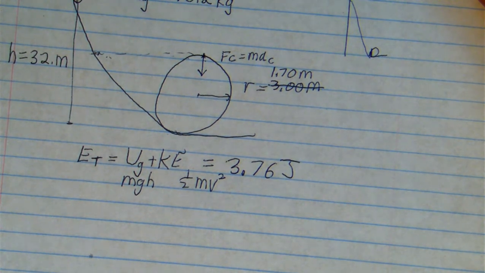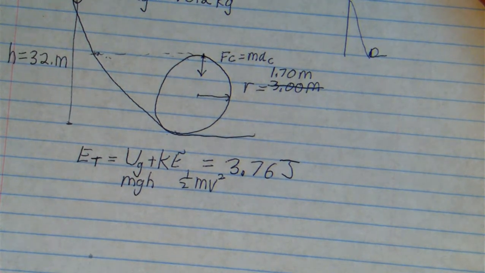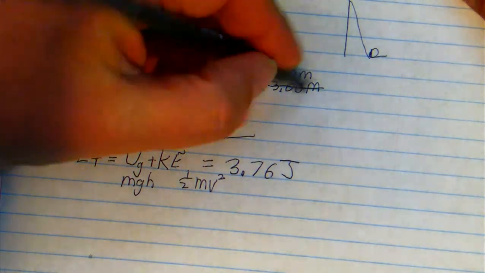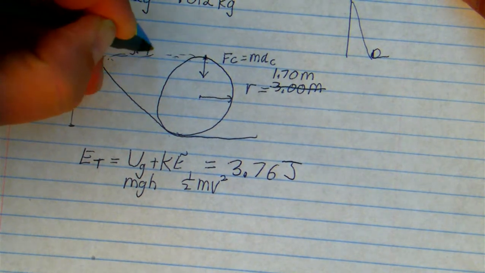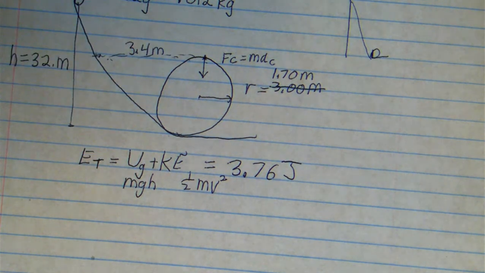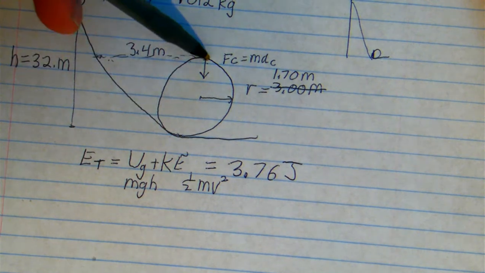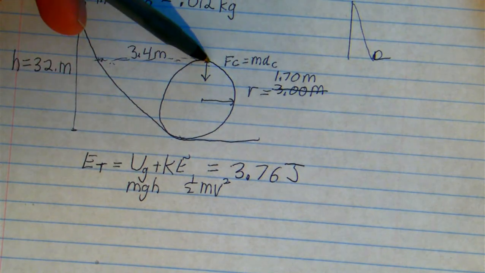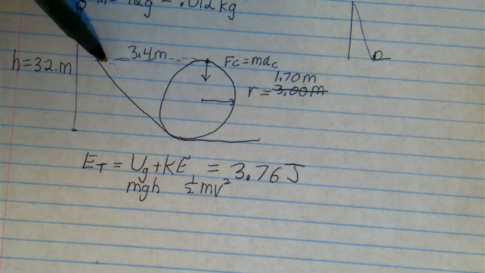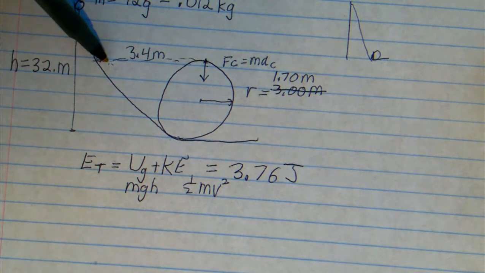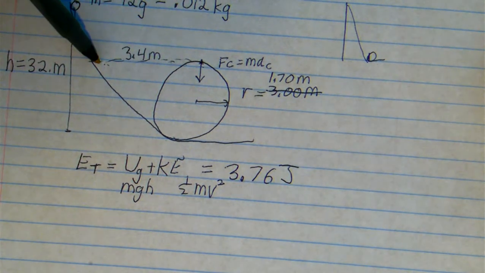And, by the way, 1.7 times 2 means the height here is 3.4 meters above the ground. So we have that much less kinetic energy due to this increased height.